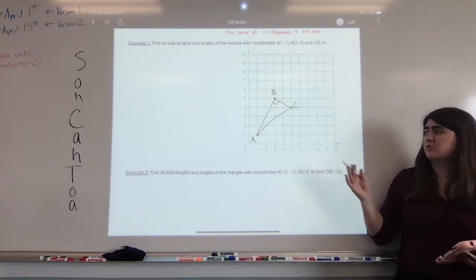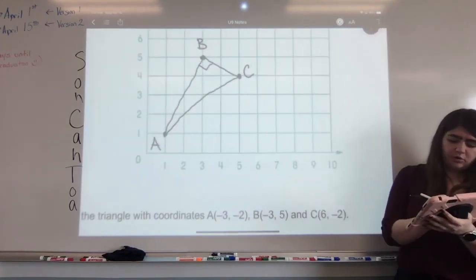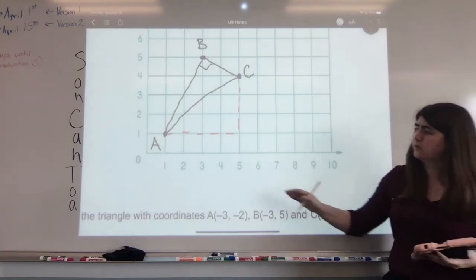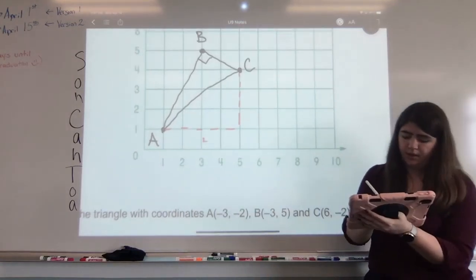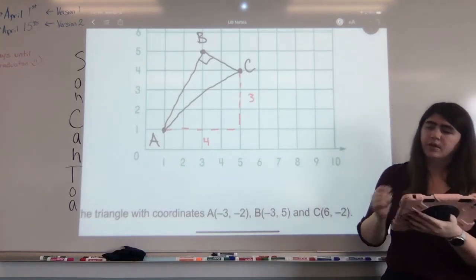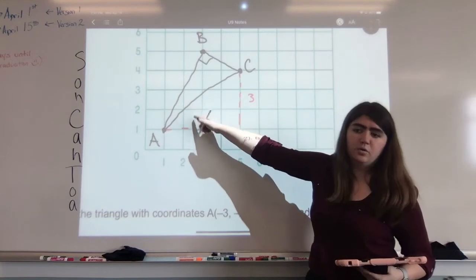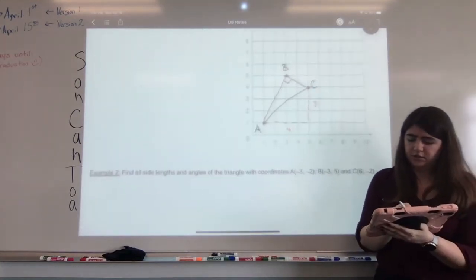For this situation, I'm just going to use the Pythagorean theorem. So I'm going to create right triangles with each of those sides. So I went over 1, 2, 3, 4 here, and I went up 1, 2, 3 spaces there. So I'm going to have a squared plus b squared equals c squared, which will be the side AC. So I'm actually going to write it like that too.